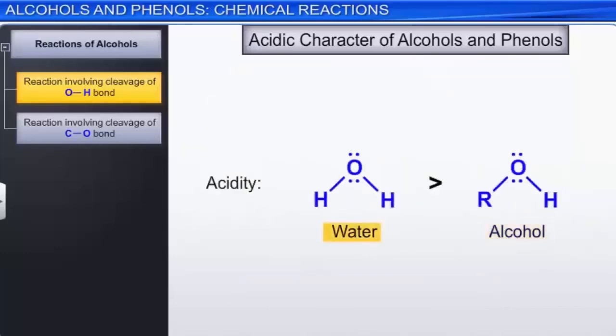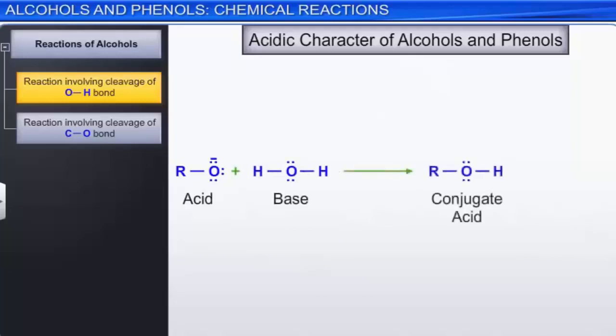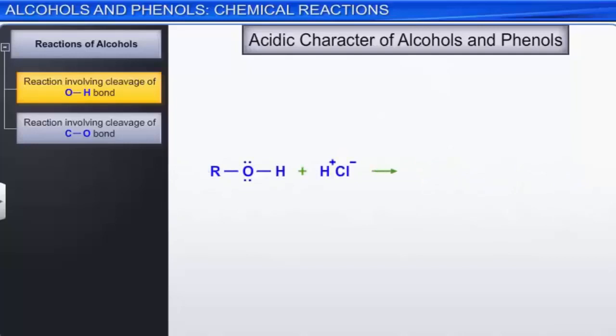We know this because alkoxide ions react with water to form the alcohol, the conjugate acid, and a hydroxide ion. Since this reaction favors the products, it means that water is a better proton donor than the alcohol. Versatile alcohols can also act as Bronsted bases or proton acceptors.